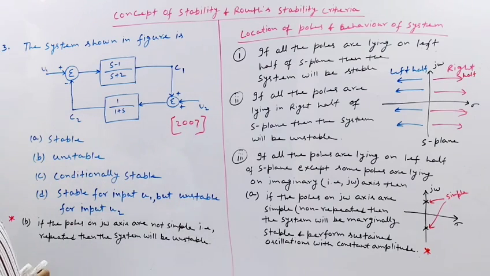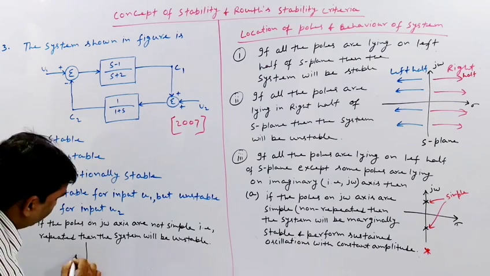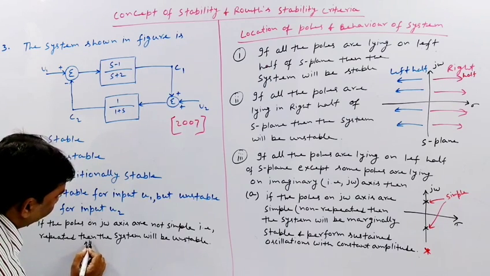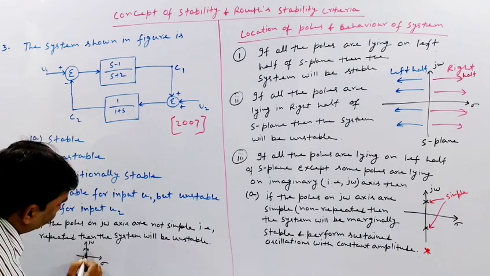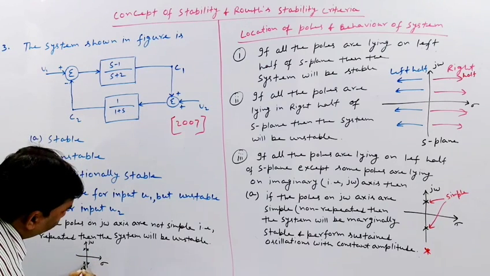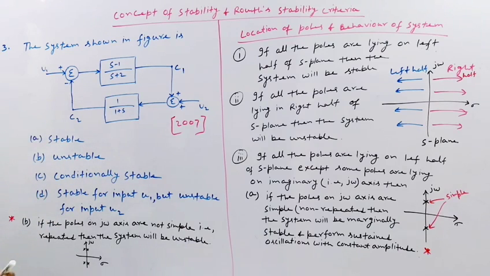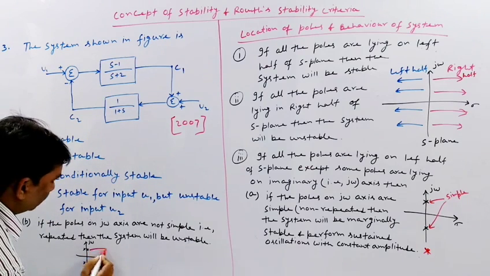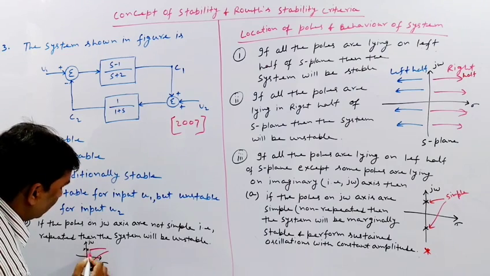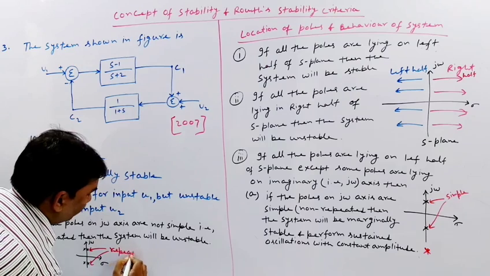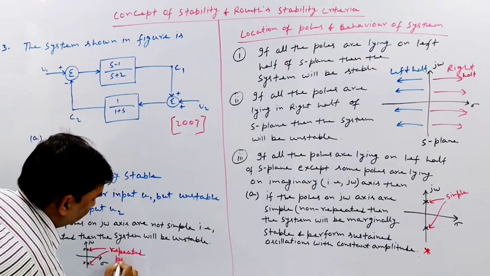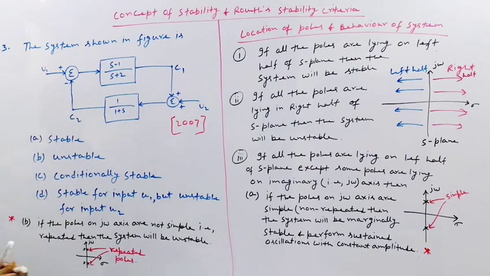So let me show how. Suppose this is j omega axis, this is real axis. Suppose there are two poles here, and there are two poles here also. Then these poles are not simple, they are repeated poles. Actually, these poles are on j omega axis.